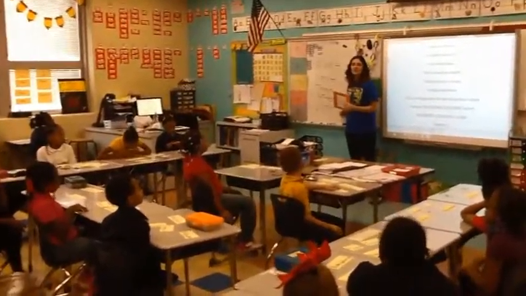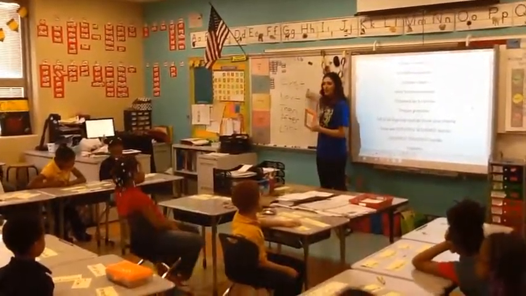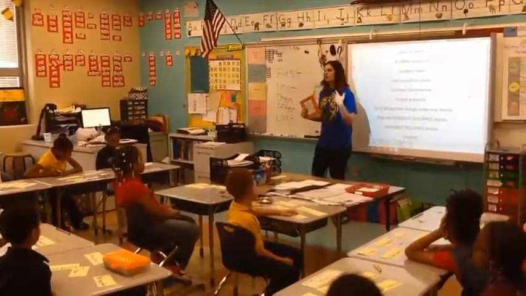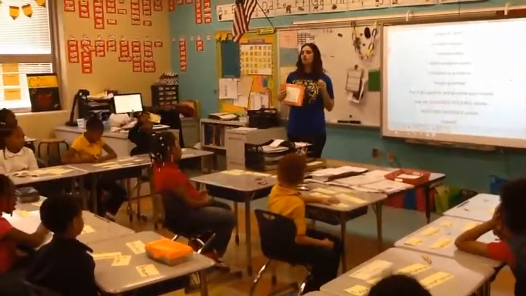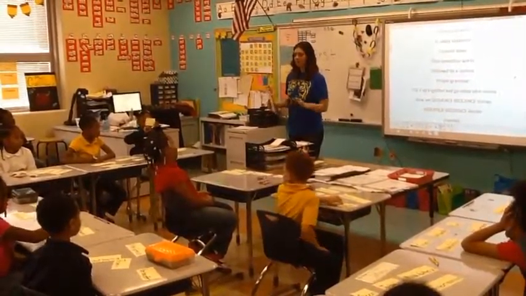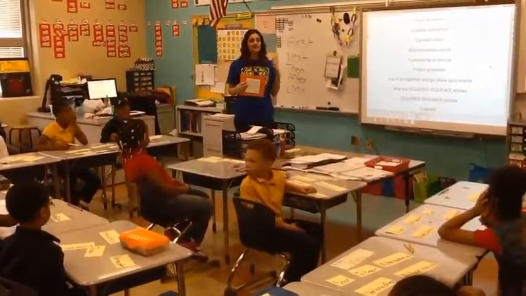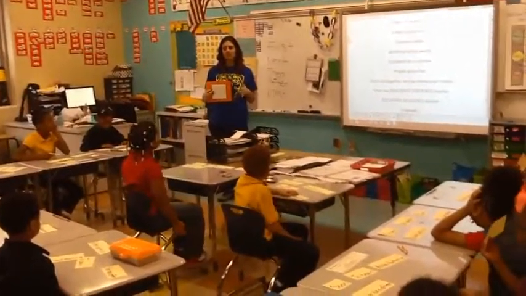And everyone has done a great job using these not only in your reading, but also when you are writing. But today, we're going to be looking at more transitional words, words that are more specific to move the story along.